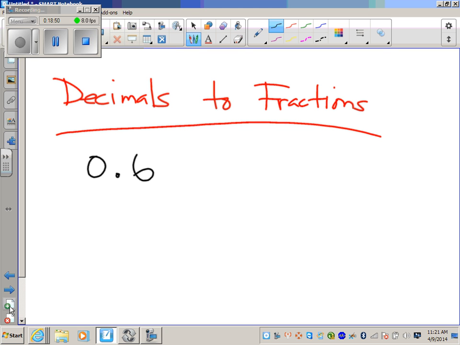Let's look at a very simple decimal like 0.6. But if I give it its proper name based on its place value, I don't call it 0.6. I call it 6/10. Now close your eyes and think what 6/10 looks like as a fraction, and it's 6 over 10.